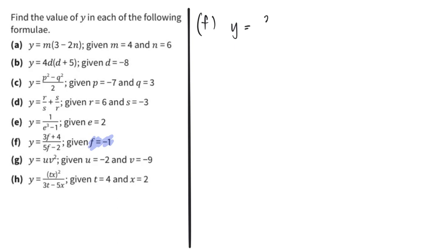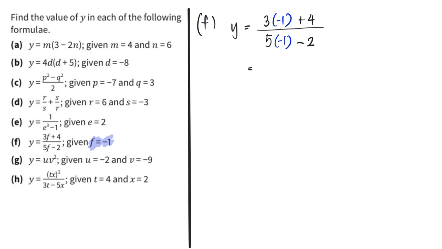So I will have 3 times negative 1 plus 4, whole thing over 5 times negative 1 minus 2. Every time we substitute a value in, we do put a bracket. We use bracket, okay? And let's continue to simplify this.